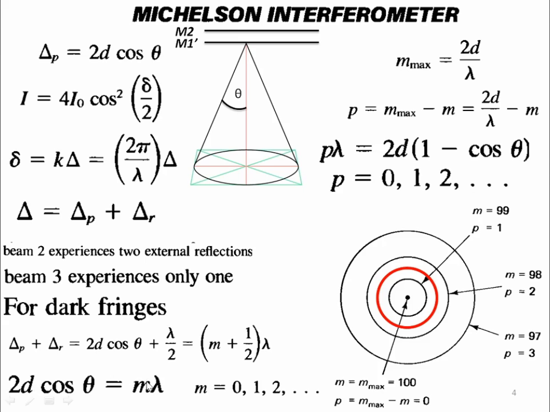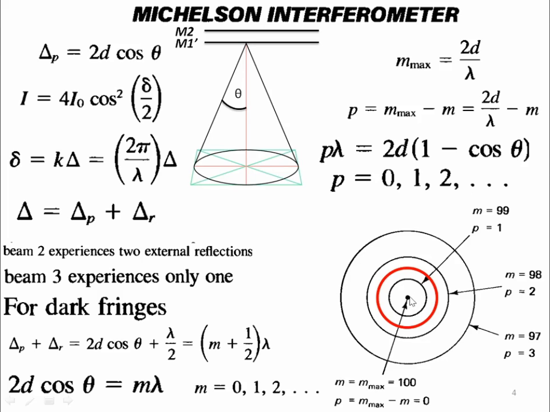Or another way of saying this is, let us say this one corresponds to m equals 100. Then this next dark fringe corresponds to m equals 99, right? Now what about the things in between? When we go from this point to this point, m changes from 100 to 99.